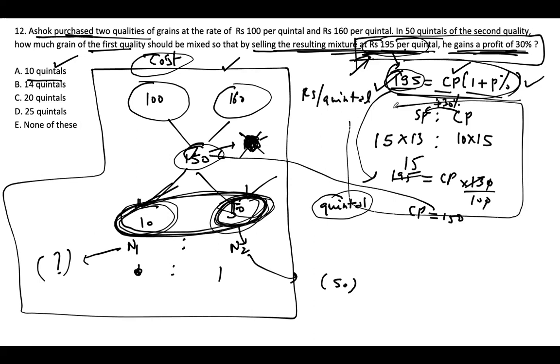Or the other way would be, if you're good at assuming values, if you assume cost price to be 10, this will be 13. While you make this selling price as 195, I'm multiplying by 15. If you still have some doubt, you can clear this doubt later. Vivek? Yes, sir, I understood this.